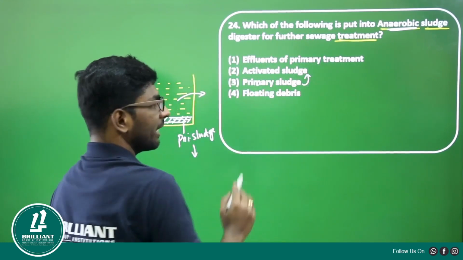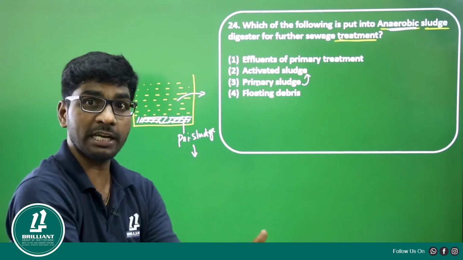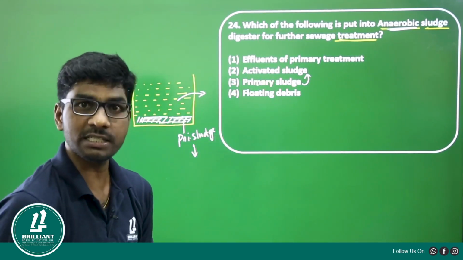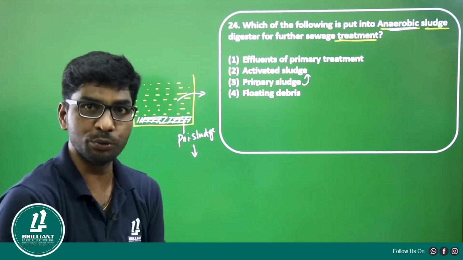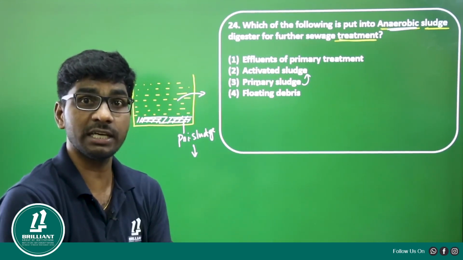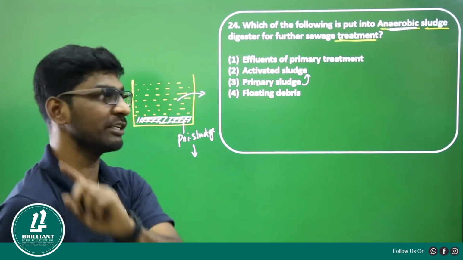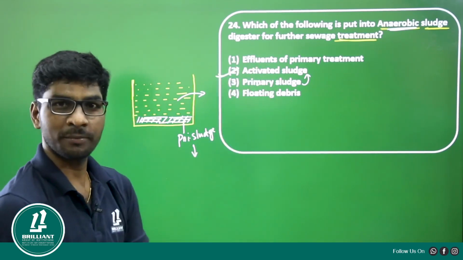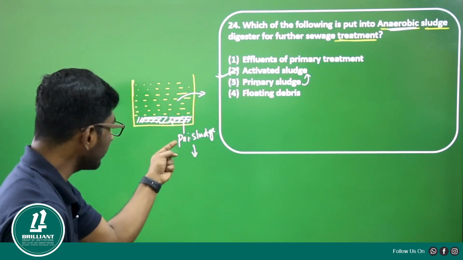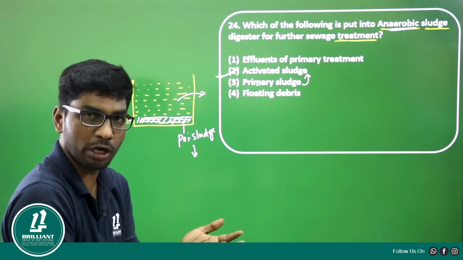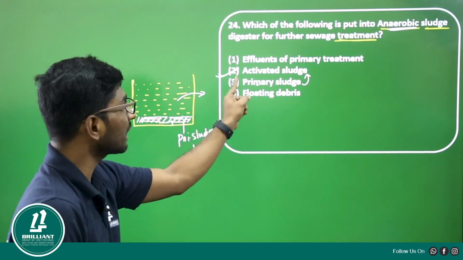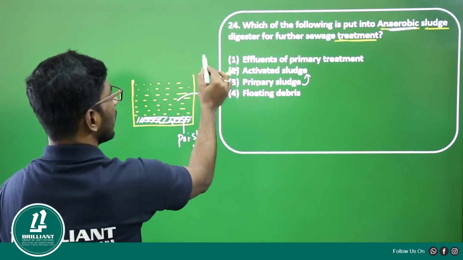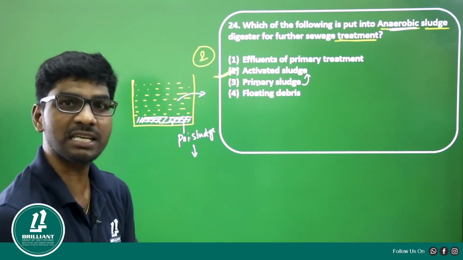The effluent of primary treatment is given directly to the aerobic tank first. Number 2, activated sludge: after BOD is reduced, activated sludge is put into the anaerobic sludge digester. Primary sludge is the solid particles settled at the bottom. So the answer to the 24th question is 2, activated sludge.